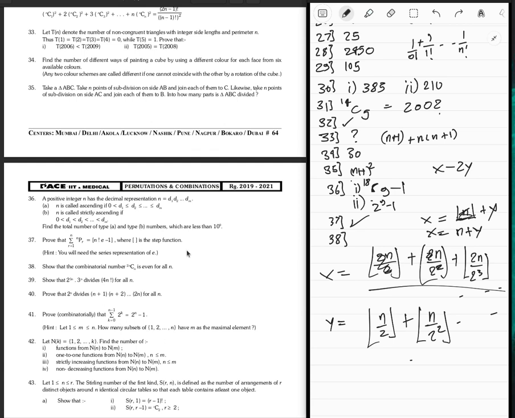It's n plus floor of n upon 2 plus floor of n upon 2 squared and so on, minus 2 times y. One y cancels this stuff, and the other y is there, so floor of n upon 2 plus floor of n upon 2 squared and so on.